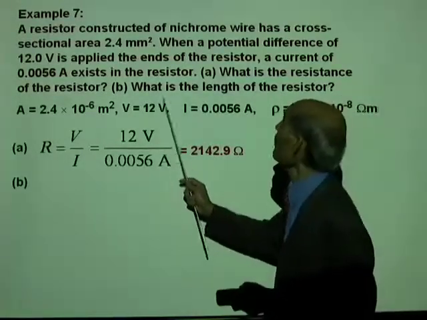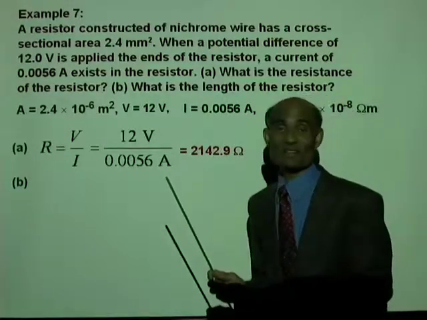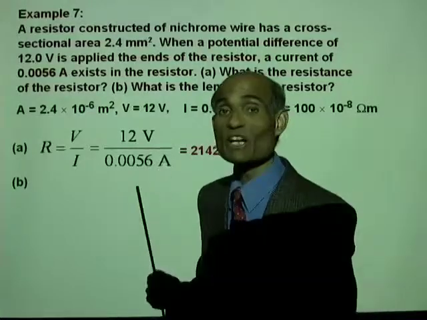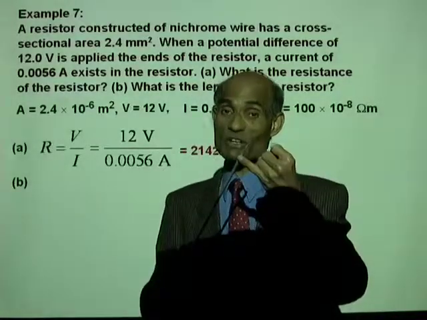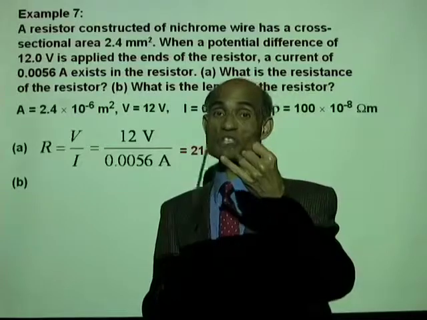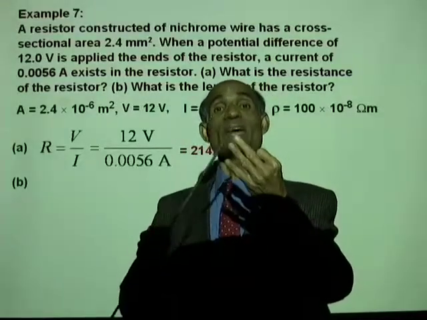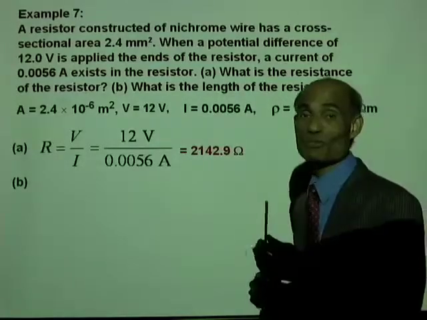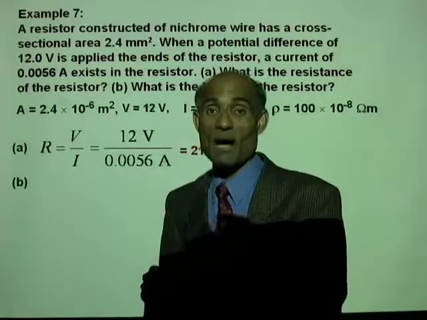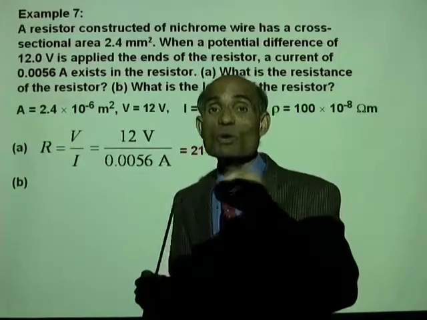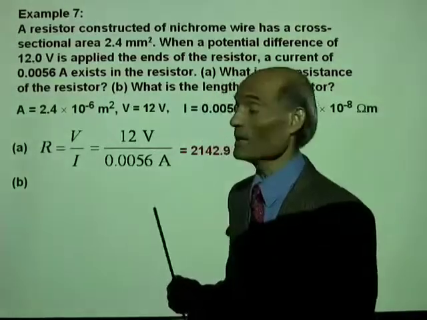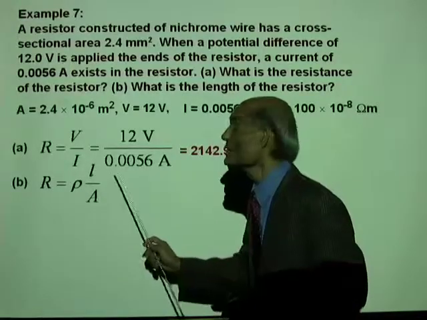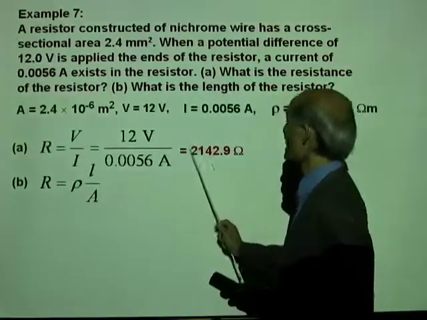Alright, B, what is the length of the resistor? Well, we now have to recall the equation that connects the resistance of a conductor, how the resistance is related to length, area of cross section and resistivity. Can you recall that equation? R equals rho L over A. We have the resistance, we just calculated.